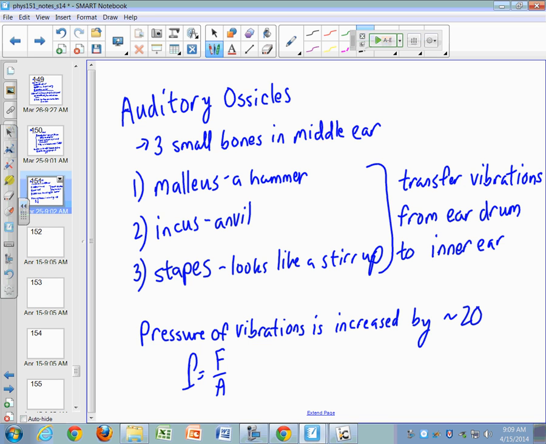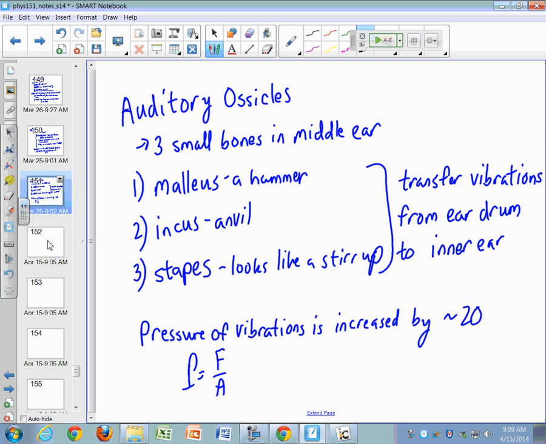The eardrum has a large area in comparison to the bones, so if we decrease this area, we increase our pressure. If we make A small, P goes up. You get this sort of amplification of the vibrations.